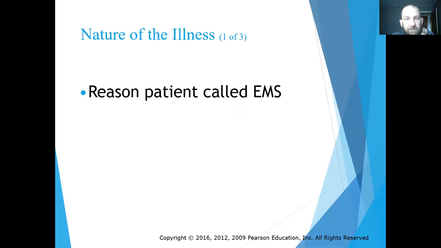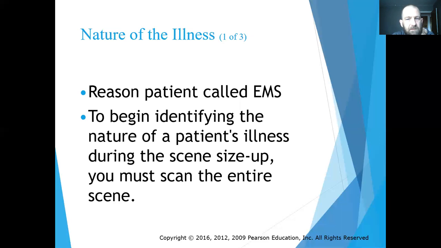There's any number of reasons for it to be a medical reason, but a lot of times we can use some things in scene size-up, scanning the scene for it, but sometimes it's in our dispatch information, or we'll have to ask the patient, what's going on today. It may not be readily apparent there.